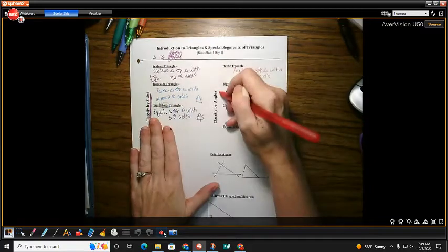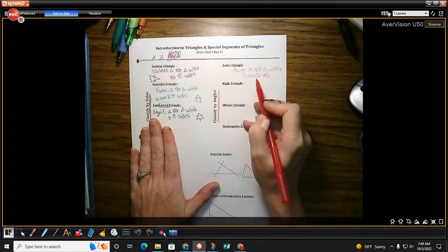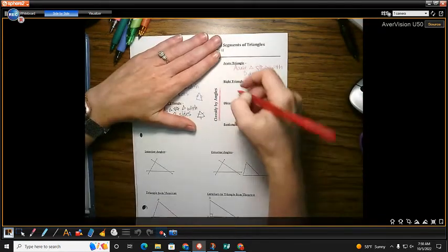They always have 2. It's that third angle that tells you your classification by angles. So if the third one is acute and all three are acute, then yeah, you've got an acute triangle. Well, what if two of them are acute, but then you've got something else? Well, then you have to pay attention to the something else.